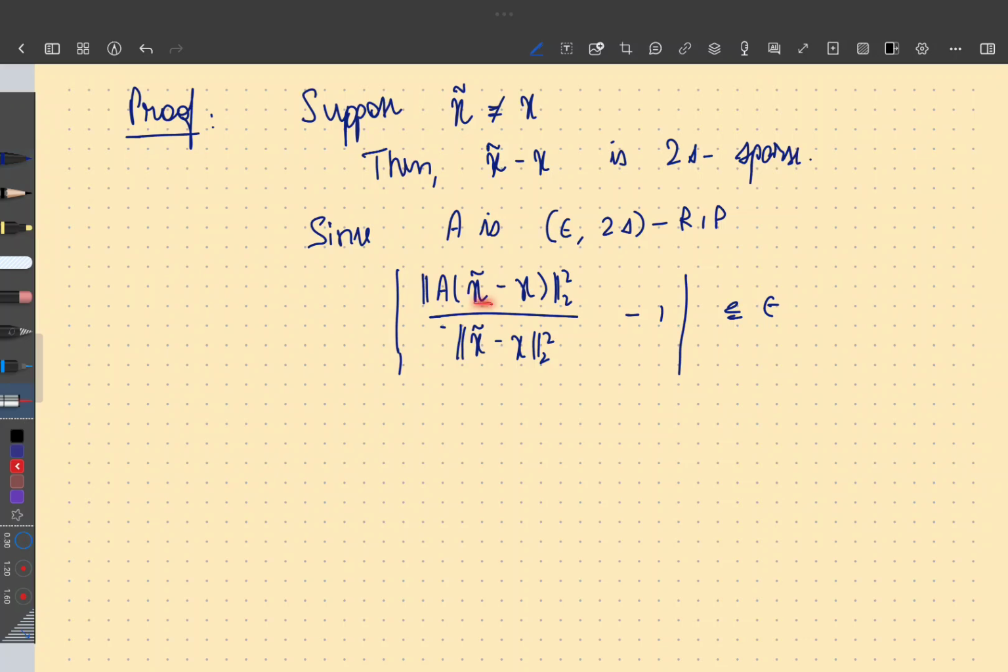But then what is A times (x tilde minus x)?